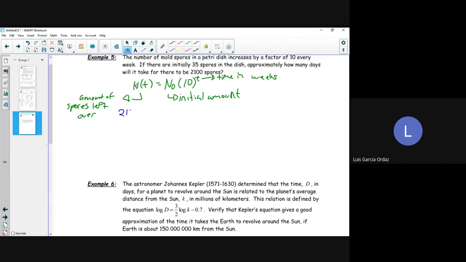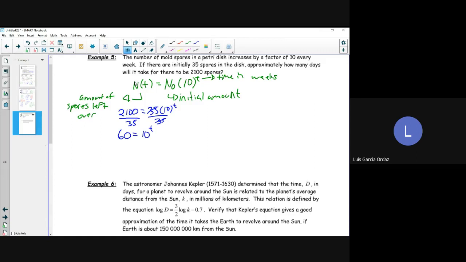So we have 2100 is equal to, what is our initial amount? 35. So we get 2100 is equal to 35 times 10 to the t. So we're going to divide both sides by 35. So we get 60 is equal to 10 to the power of t.